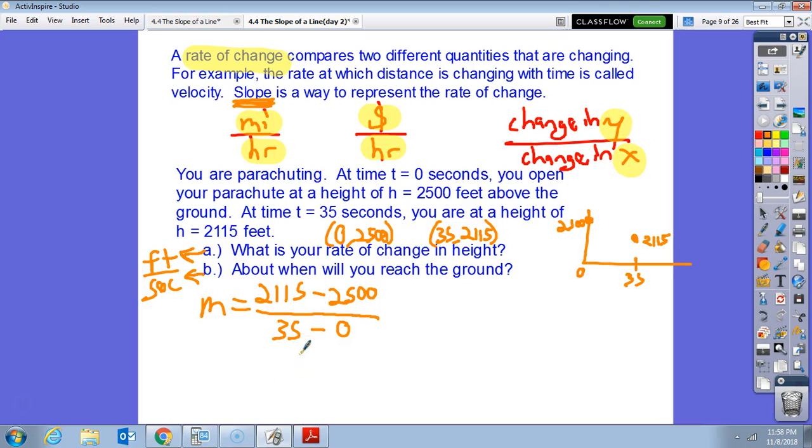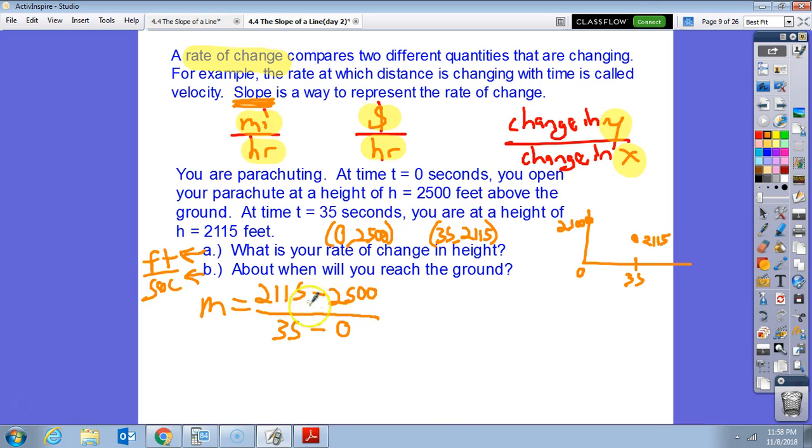There's nobody in this classroom that would say seconds per foot. If you told somebody you jumped out of an airplane and you were falling at 22 seconds per foot, somebody would laugh at you. Number one, that's ridiculously slow. Number two, that's not how you talk about the change in height. The height goes on the top. The seconds is on the bottom.